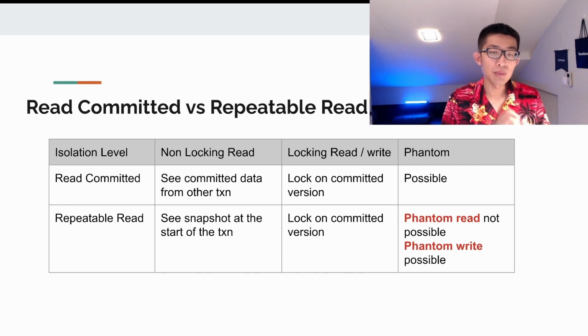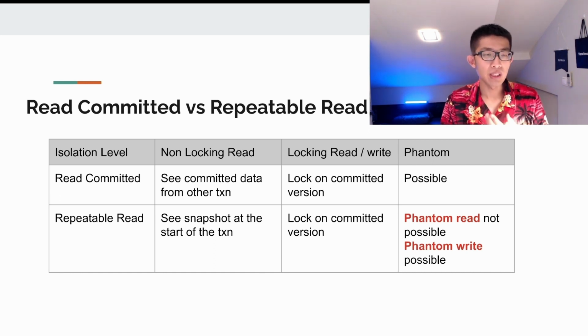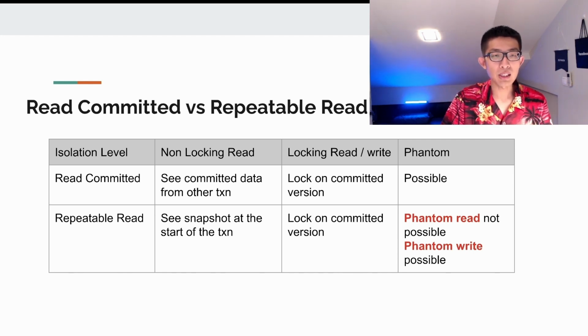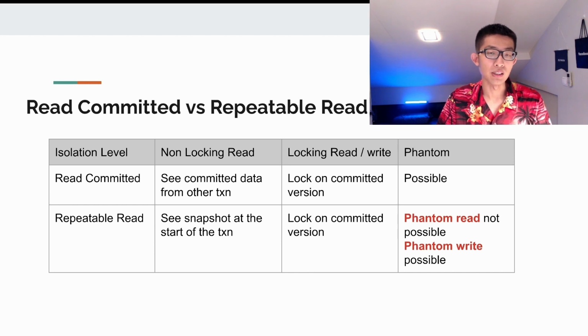Even in repeatable read isolation level, you will always read the committed version. So we can see there's a clear difference between locking read and non-locking read, especially in repeatable read isolation level. If you do a non-locking read, you read the snapshot at the start of the transaction. But if you do a locking read, you read the committed version.